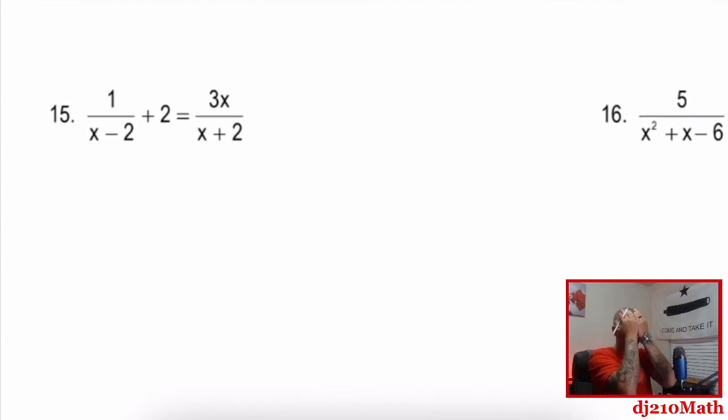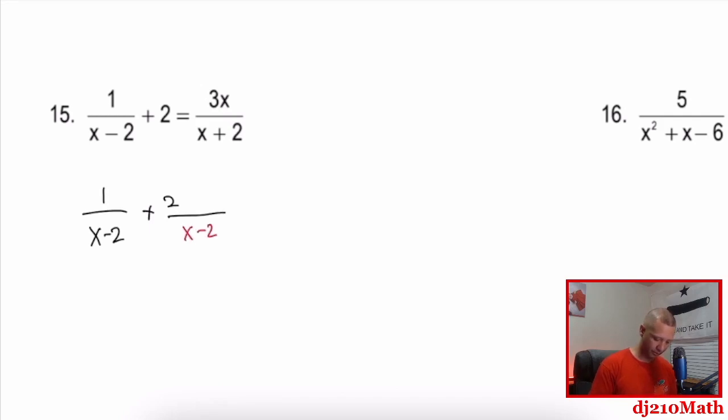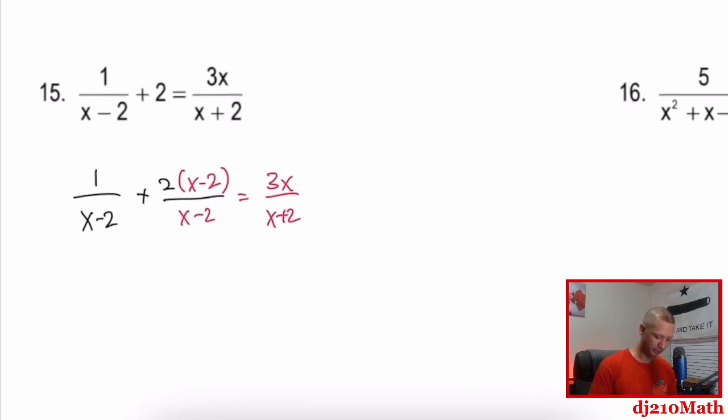Okay. Number 15. Common denominator. X minus 2 plus 2. So I'm going to X minus 2, X minus 2. This equals 3X, X plus 2. So combining on the left, we're going to get 1 plus 2, X minus 2 over X minus 2.